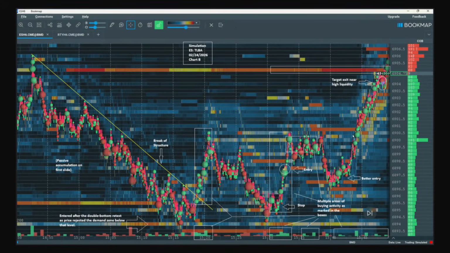Yeah, sure. Well, to answer this, look at this structure in here as well, right? Once we break that structure and you get those aggressive buyers coming in, you've got this kind of activity underneath. Are they short? Are they trying to get filled?